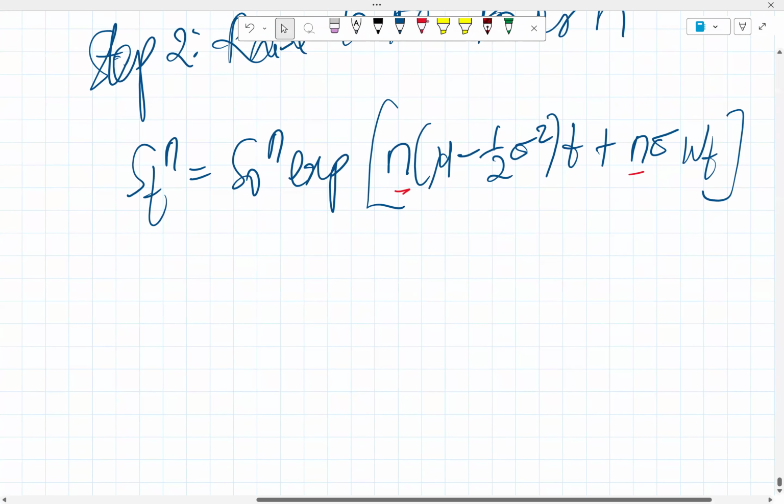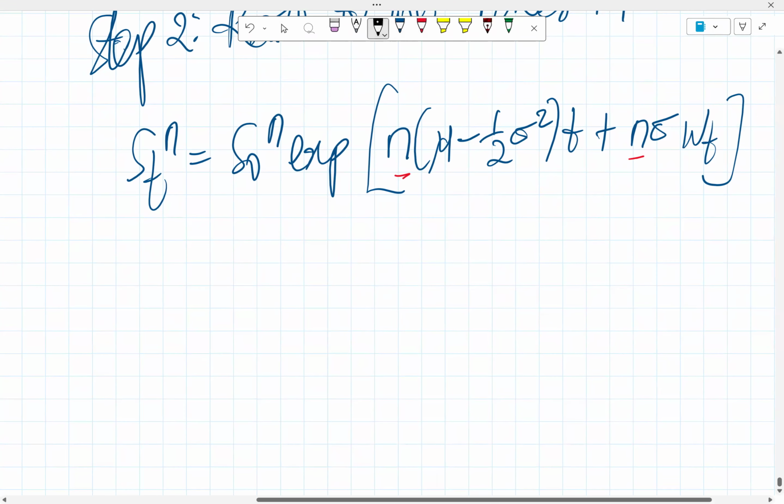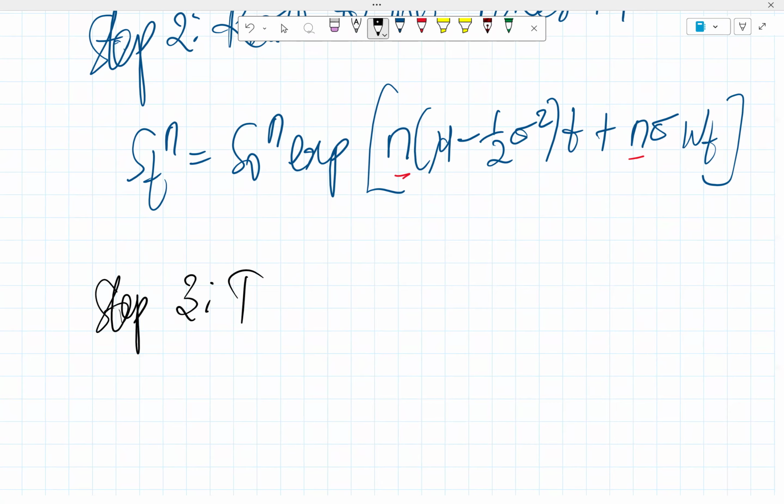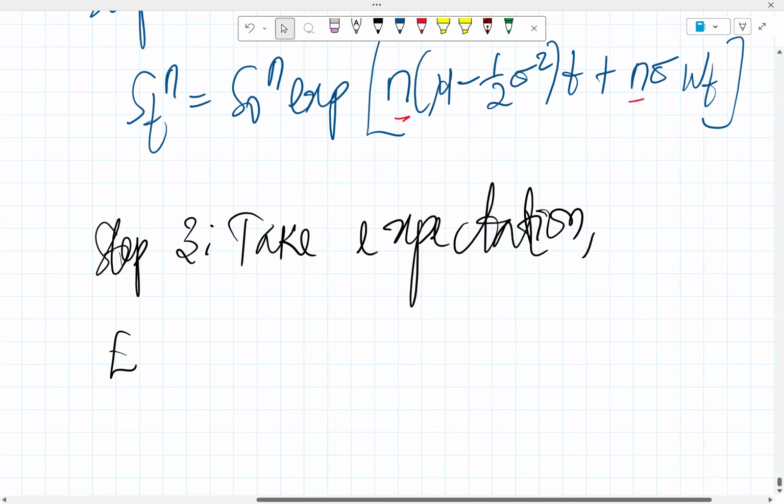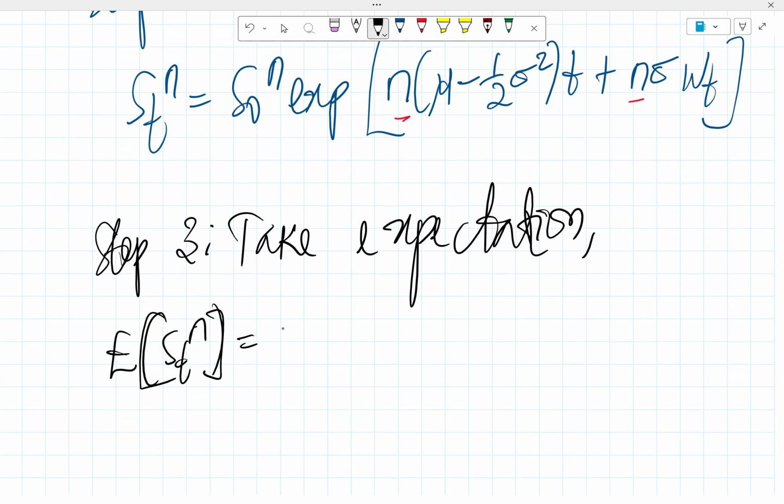With that done, we can go for step 3. Step 3 now, we can take expectation. So when you take the expectation, what do you have? You have the expectation of S_t^n equals S_0^n, which is a constant, so it will always remain.